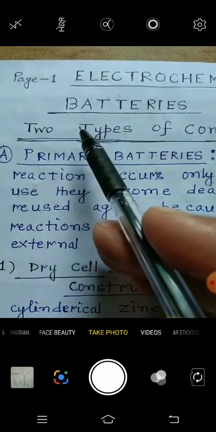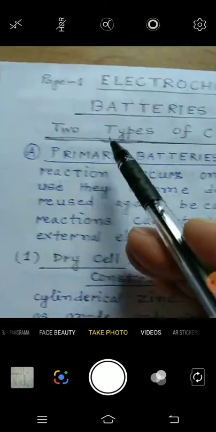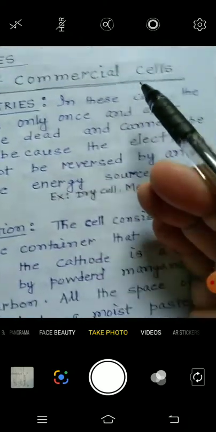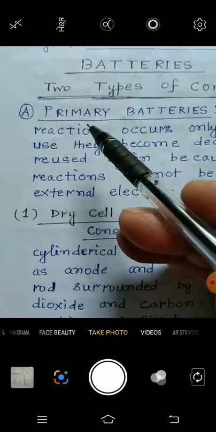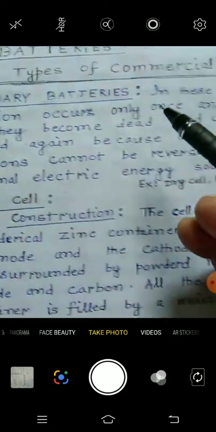Batteries. Two types of commercial cells. First, primary batteries.